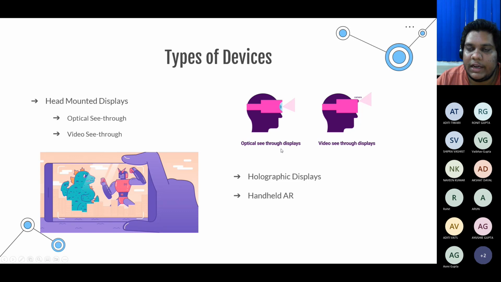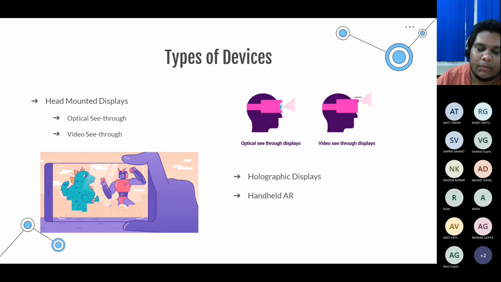Optical see-through is devices like HoloLens and Magic Leap, where you are seeing the real world directly through your eyes, and the component that is virtually augmented is on a screen in front of you. In video see-through, you are seeing everything through a video only. The real world also you are seeing through a camera's video feed.